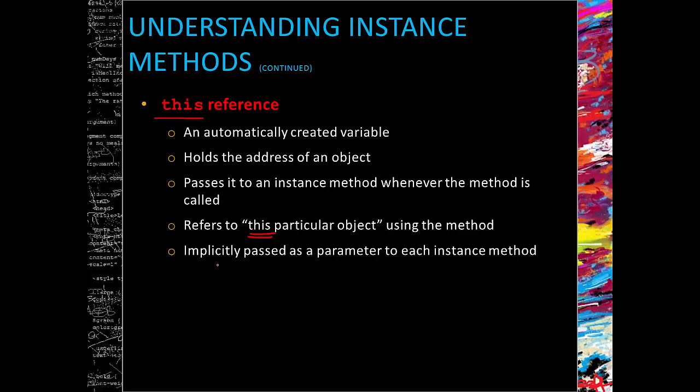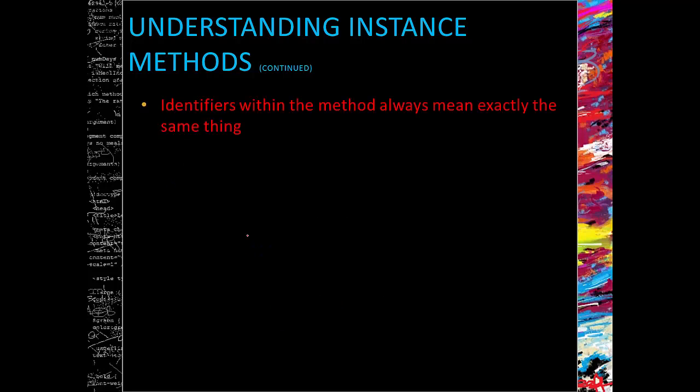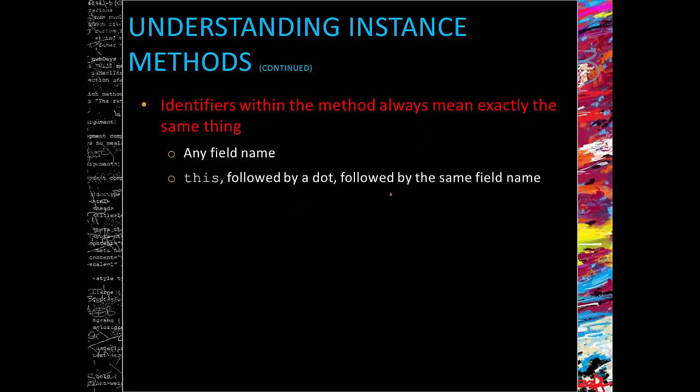It's implicitly passed as a parameter to each instance method, implicitly meaning that you can't really see it. It's secretly there. Identifiers within the method always mean exactly the same thing. So for any field name, this is followed by a dot, followed by the same field name.